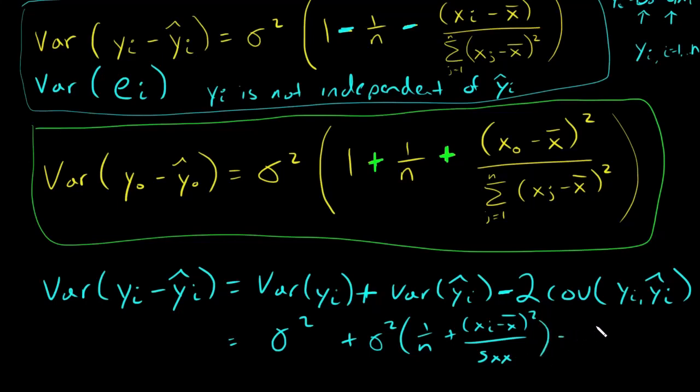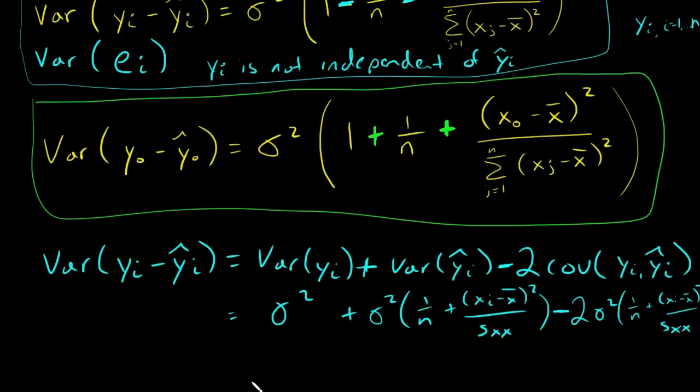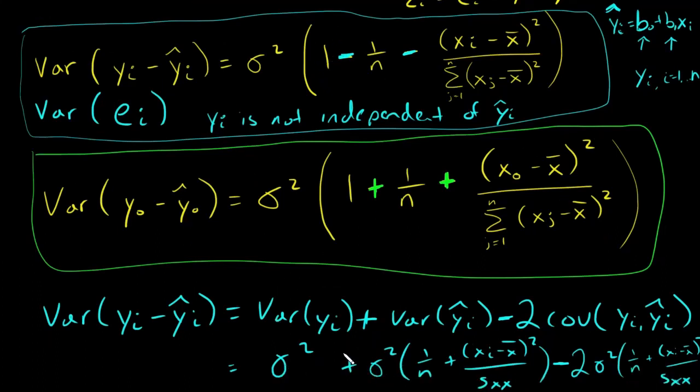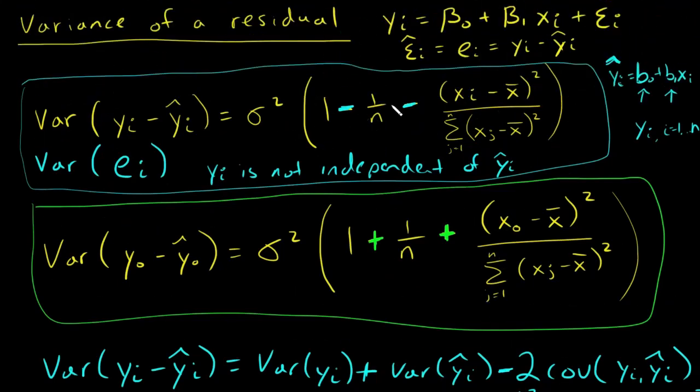And then minus 2 times this same stuff, sigma squared 1 over n plus the same term. Then you can simplify this, pull out a sigma squared, and you'll find that you have this 1 minus, with one of these left over, and then you distribute the minus sign. You can do a little bit of algebra to get back to here.